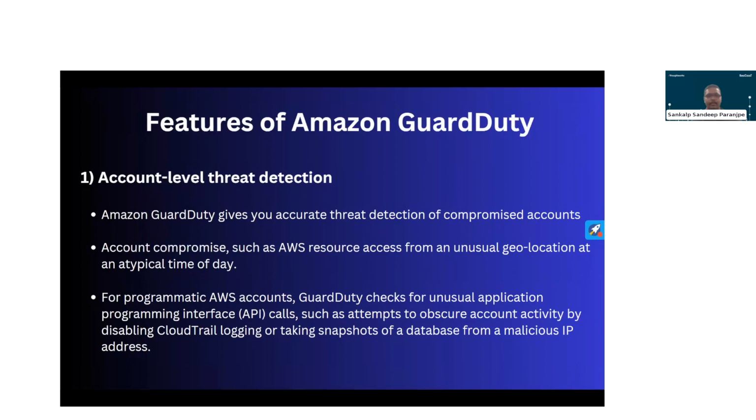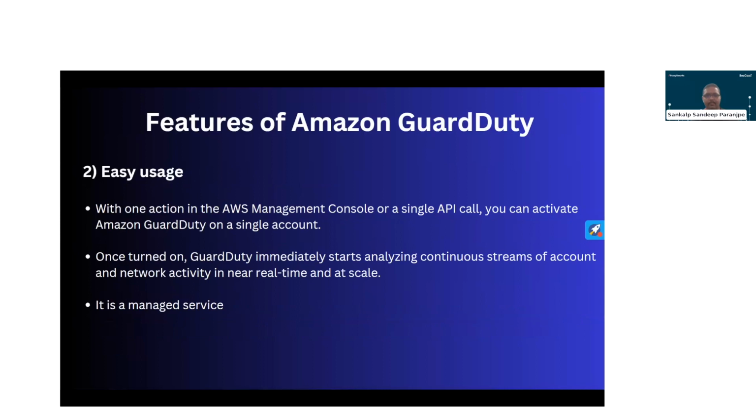Then some features of GuardDuty. So account level threat detection: if your account is compromised, or if your container is compromised, it gives you account level threat detection. Then easy usage. We just have to click to enable it, and it will automatically try to discover your workloads and find the vulnerabilities.